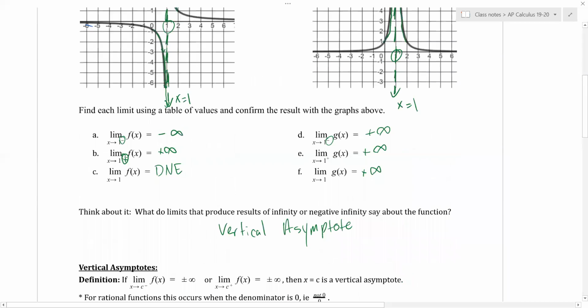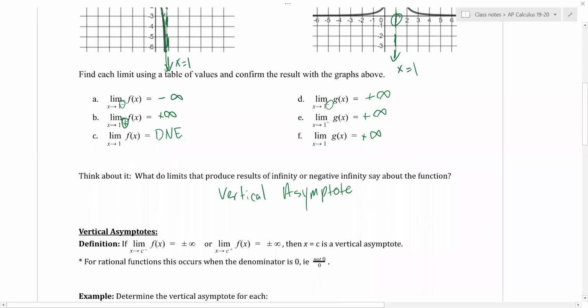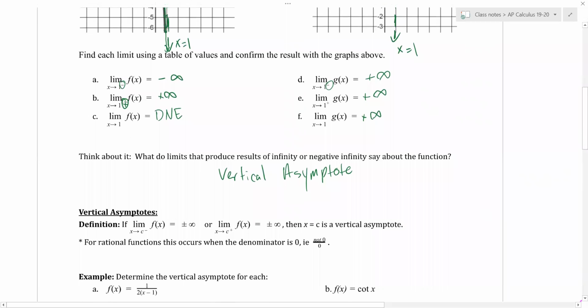Now, why does that produce a result of infinity or negative infinity? Let's think about that. Well, if we have, for example, 10 divided by 1, that's 10. 10 divided by 0.1 is 100. 10 divided by 0.001 would be 10,000.